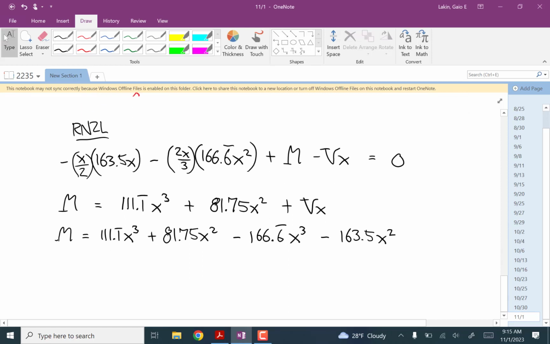Combine the terms, and you get M is equal to negative 55.5 repeating x cubed minus 81.75 x squared.